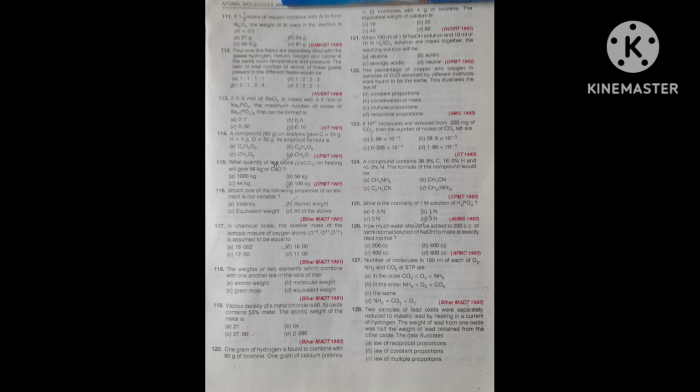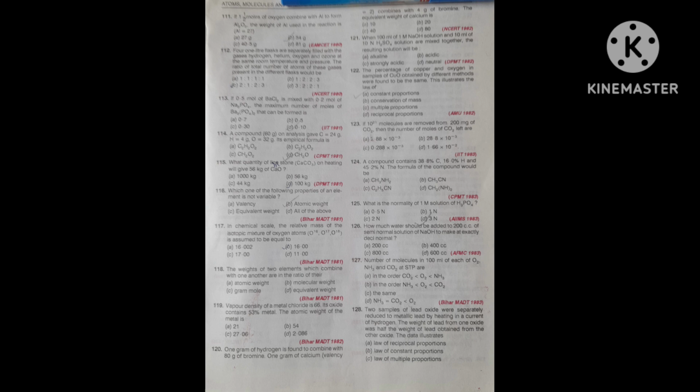Now this 100 ml is mixed with 10N H2SO4. Here already it is in normality. NaOH is 100 ml, 100 ml N you have converted.